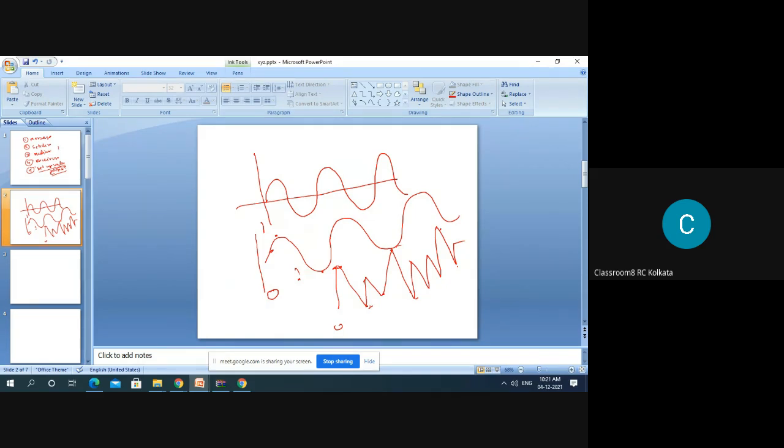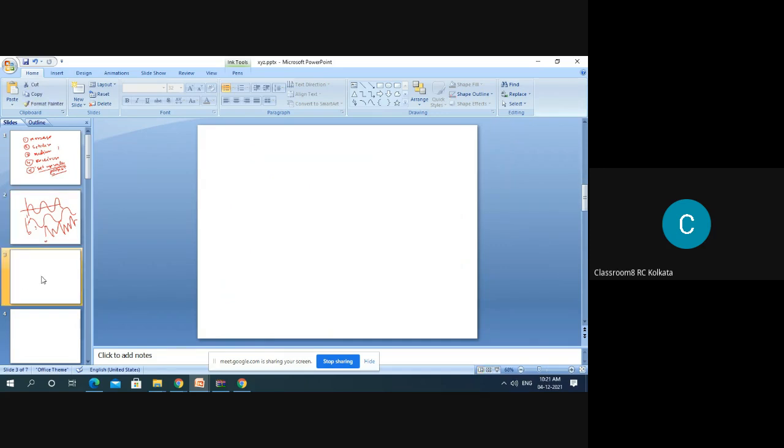And the digital signal, in this case, either the signal is present or the signal is absent. So either 0 or 1, no other value in between. Suppose it is 0 and it is 1.